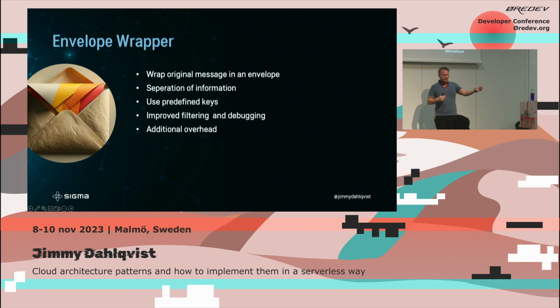That way we can introduce advanced filtering, and we can add information about the message itself onto that envelope. A good practice is to use predefined keys, because then both the producers and the consumers in the system know about the envelope keys and can read and add them. A drawback is, of course, that we add additional overhead to our messages since we add information to our envelope.